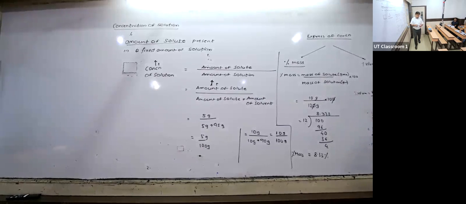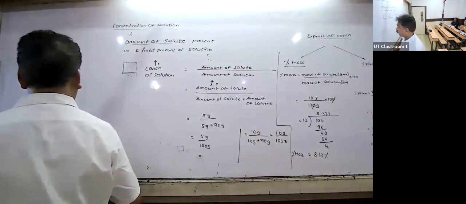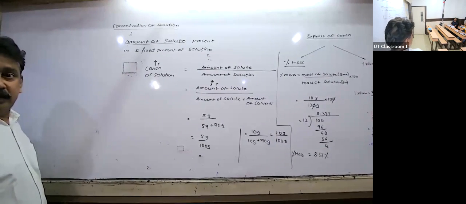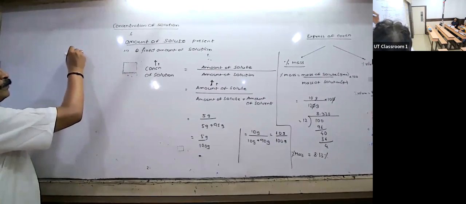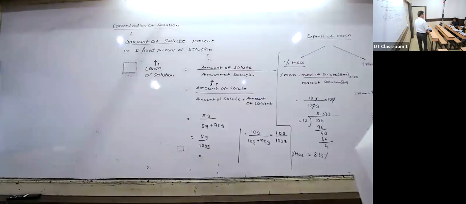That is solution. We can have, for example, 9 types of solution. Sir, how many types of solution are possible? Last time, have we discussed the types of solution? No. So we'll try to work on different types of solutions.